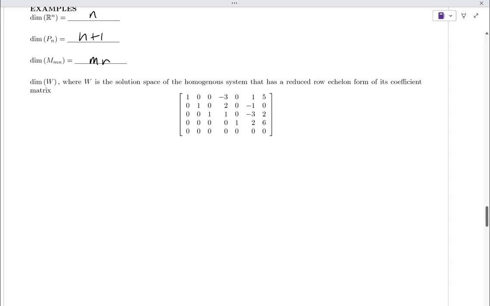What columns are the free variables? Yeah, 4, 6, and 7, right? So you would have x4 as a parameter, x6 is a parameter, x7 is a parameter, right? What's x5 in terms of those parameters?